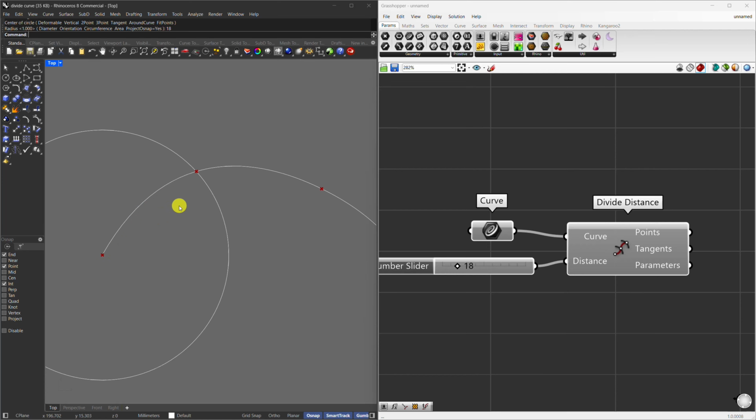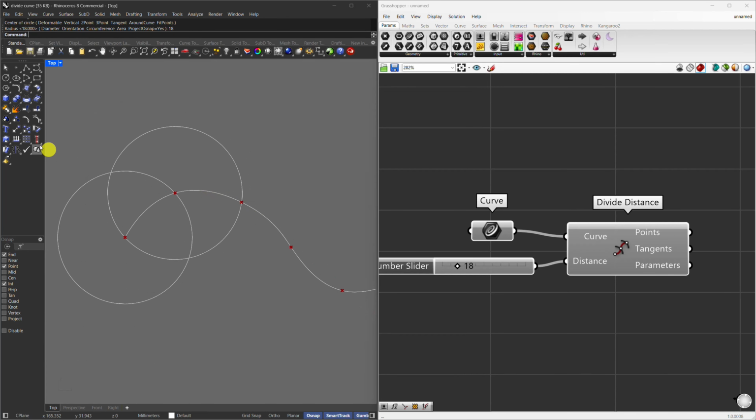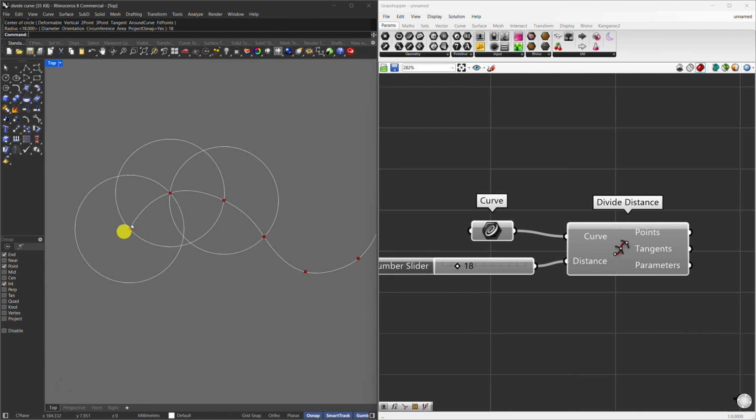As you can see, it cut exactly at that point. Let's put another circle from here, 18, at the next point. Let's draw another circle, 18. So as you can see, it places the point with the distance. So it will not divide based on the curve length. It will divide as per your distance.